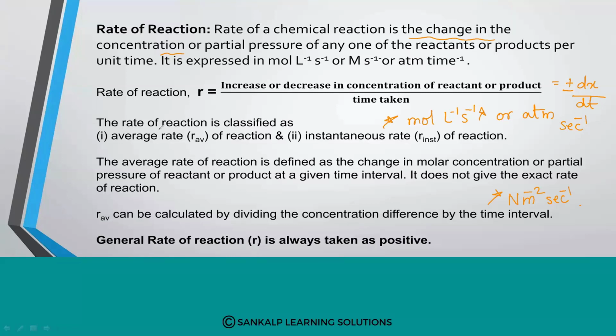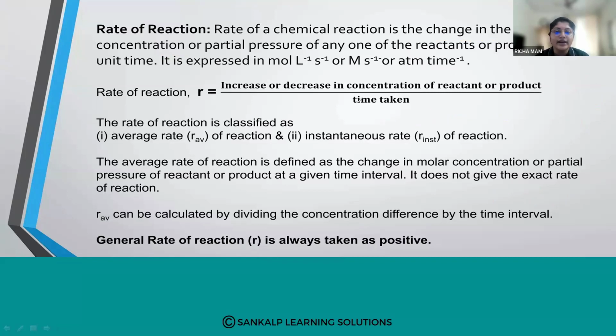Yes, ma'am. Okay. So next we are going to discuss the rate of reaction, which is classified as average rate and instantaneous rate. These are the two important rates. The average rate of the reaction is given by r average, and the instantaneous rate is given by r instantaneous.